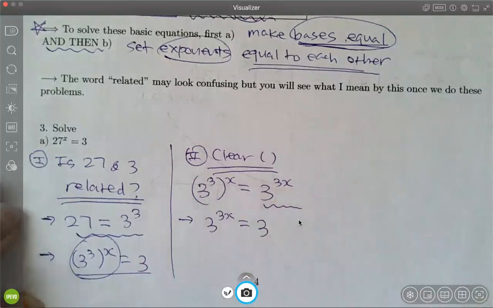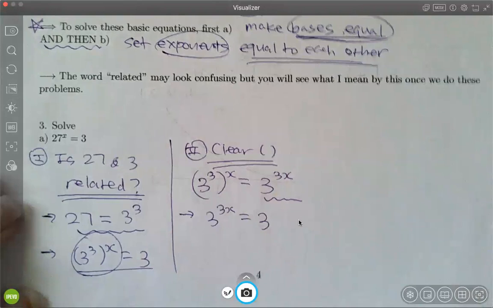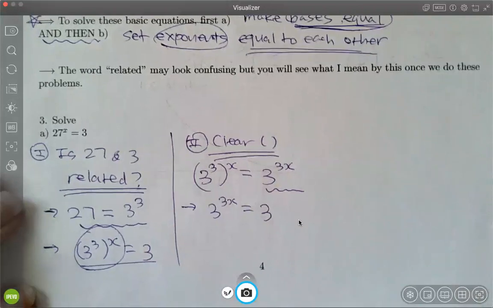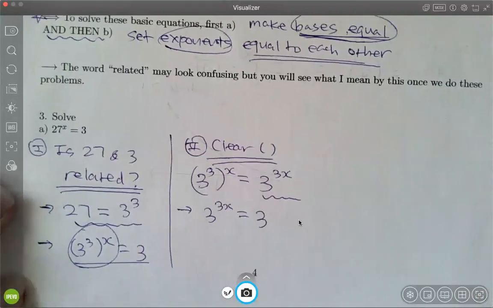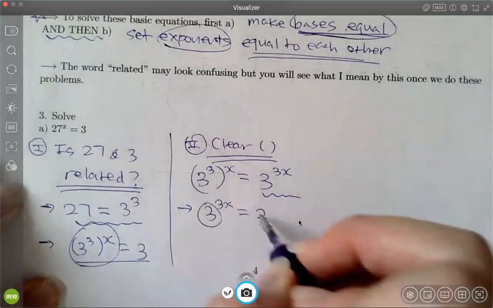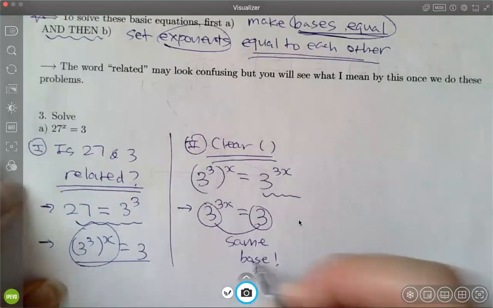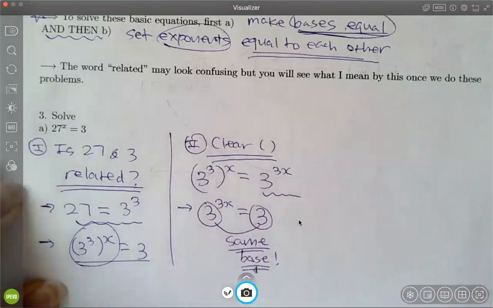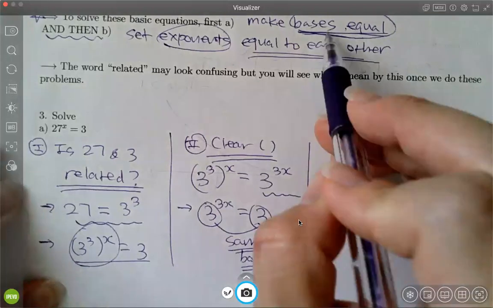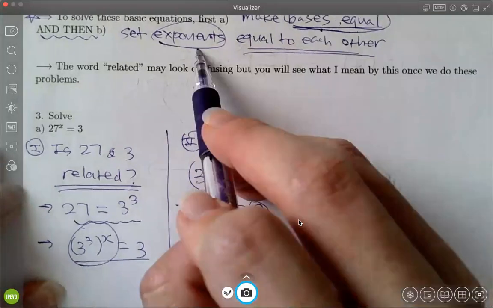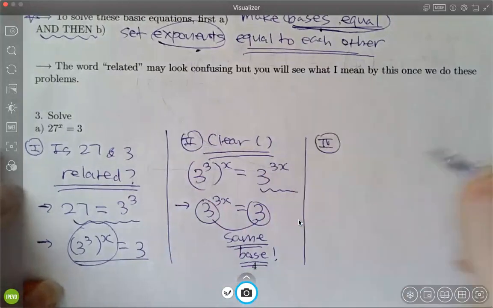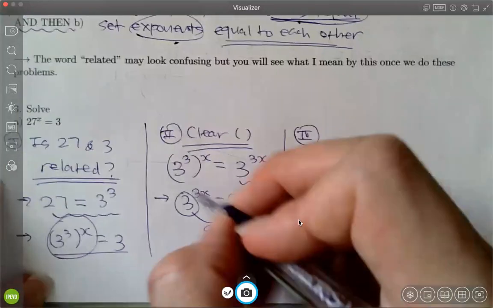And now here, do we have the same bases? Yes, and what is the same base? 3. Okay, so these are the same bases. Now, once we have the same bases, what can we do? Set exponents equal to each other, right? Now, what are the exponents? 3x, that's obvious.